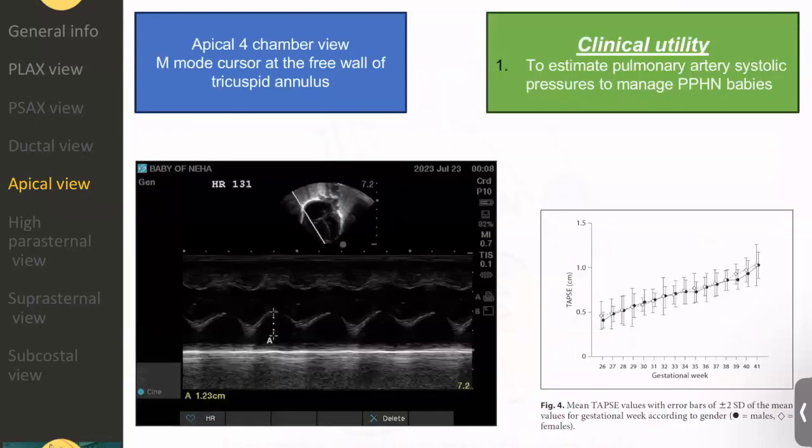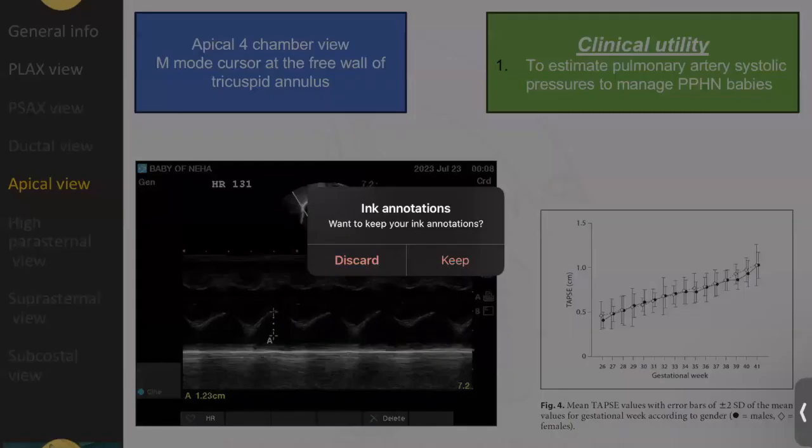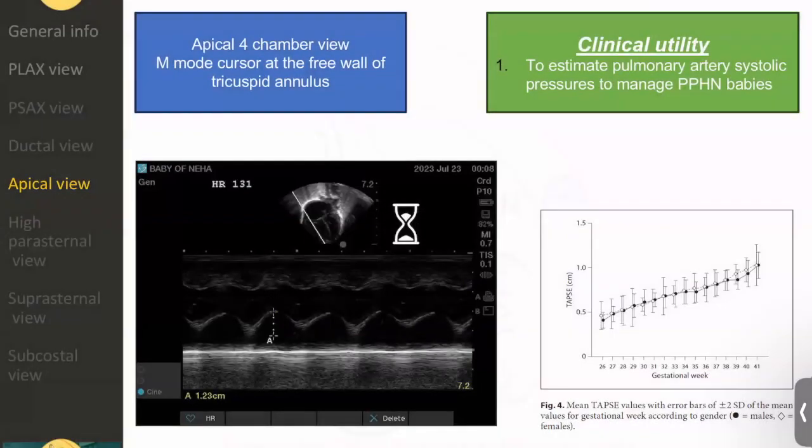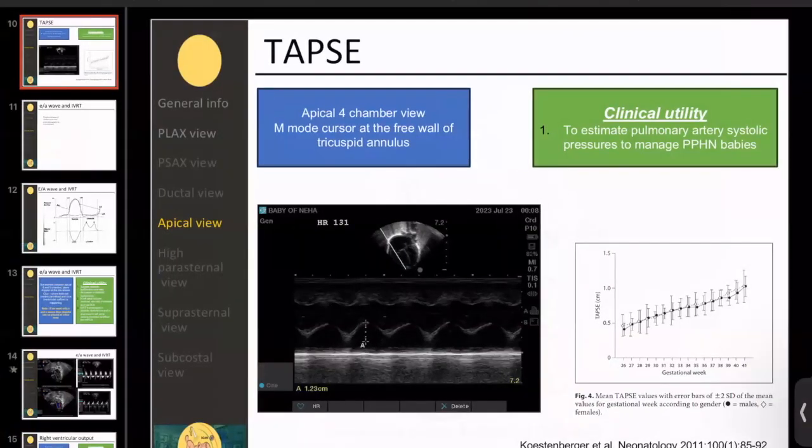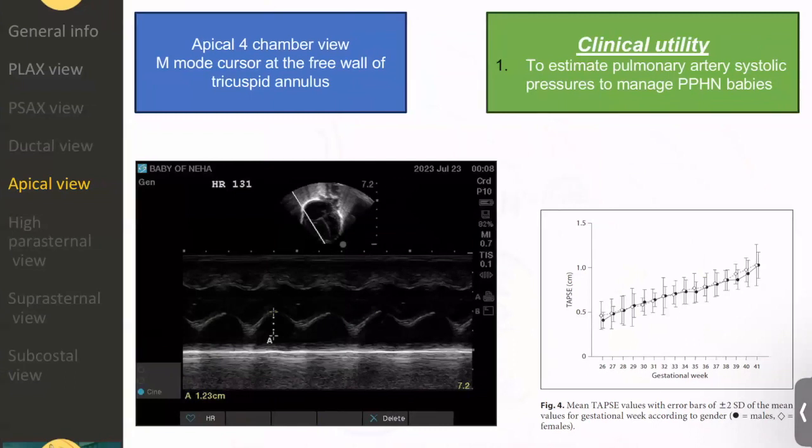Another thing which is very, very new these days is TAPSE. TAPSE is tricuspid annular systolic excursion.